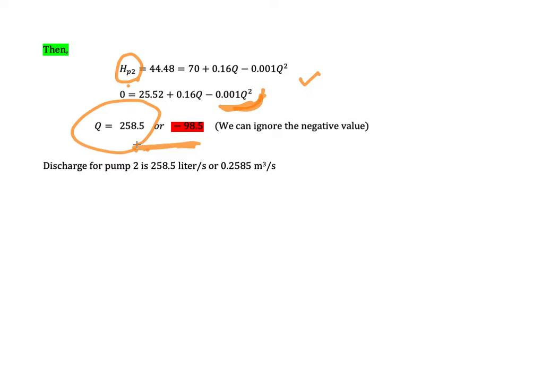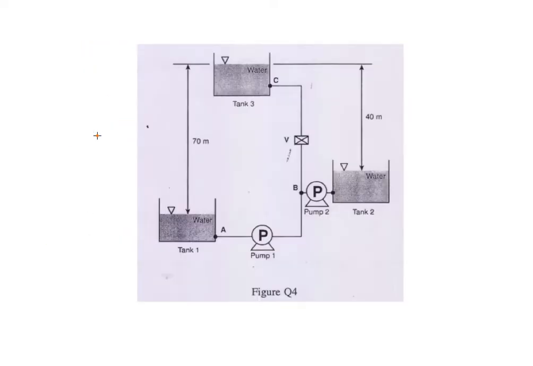So if one is 258 and another one might be 2 or 3 liter per second, it is good for you to take the logical one, because a flow rate of 3 liter per second might be too small for that setting. So from this calculation, we get the value of Q equal to 258.5 liter per second. So this Q reflects the flow rate in this pipeline.